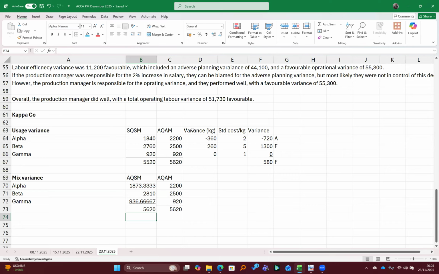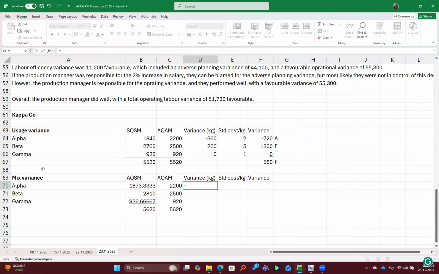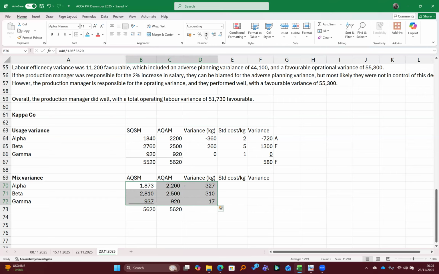So again, we can copy this. The variance here in kilograms is that if I had used the standard mix, I was going to use 1873, but now I actually use 2,200. So it is adverse. If I do the same for this, I can see this is favorable and this is also favorable. We don't have to have the decimals, we can round them.